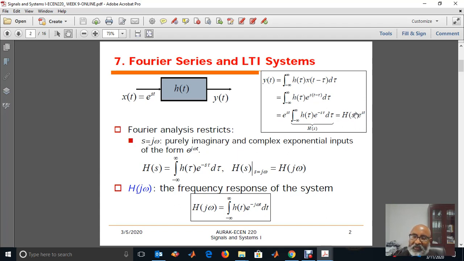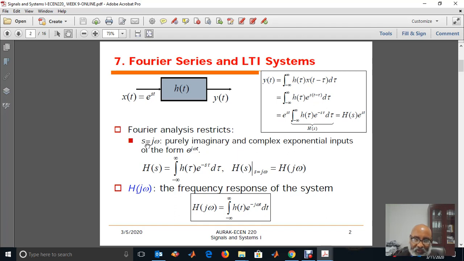H of s we call the transfer function of the system, which we will study in chapter 5. It is called the eigenvalue, and e to the power of st is the input, which is the eigenfunction. So the output is simply the eigenvalue H of s multiplied by the eigenfunction e to the power of st. Now, s is a complex number, so it can have a real part and an imaginary part.